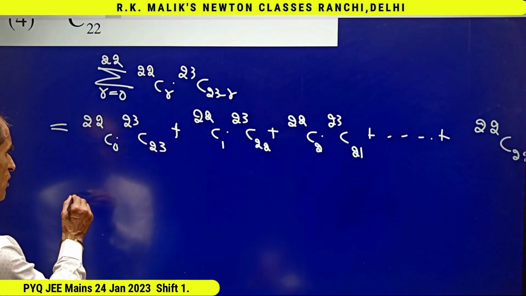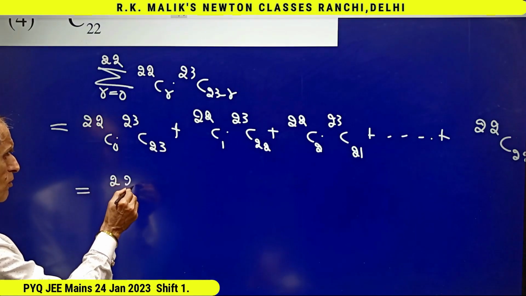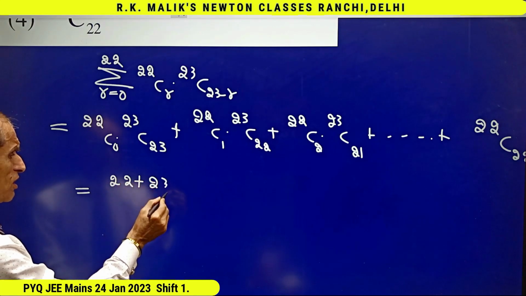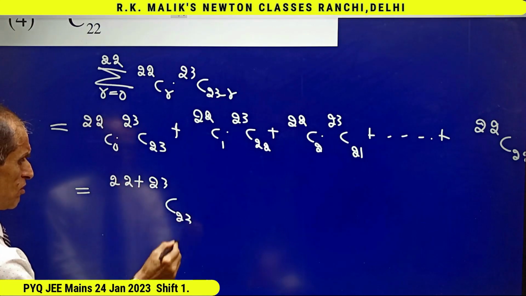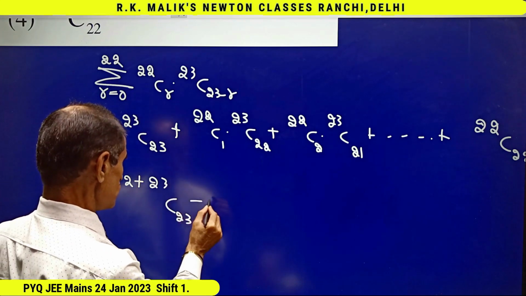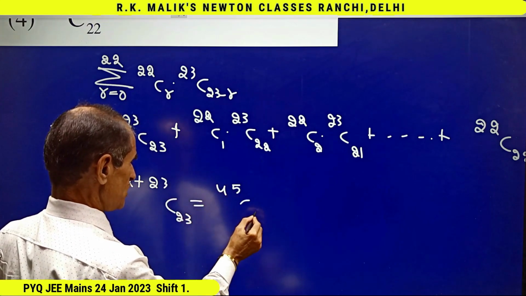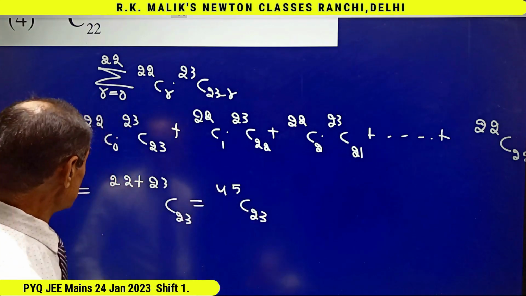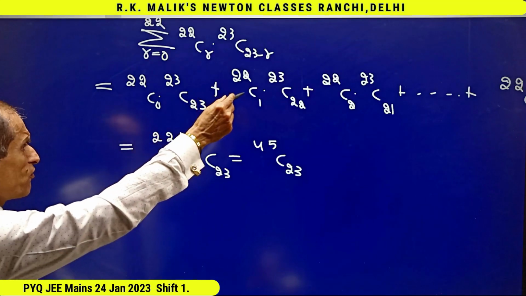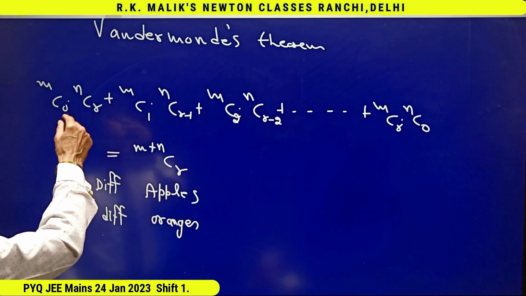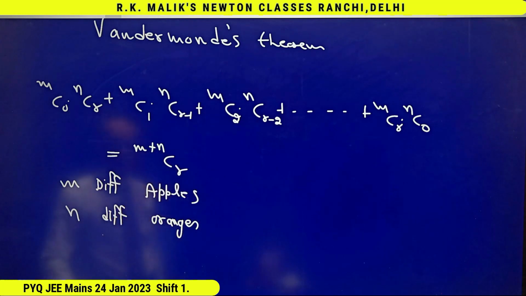Hence, the sum will be 22 plus 23C23, that is 45C23. Coming from here to here, actually I have used this formula.